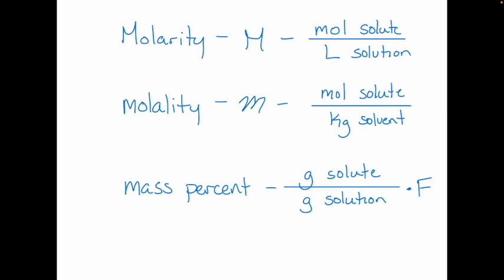But let's just note that both molarity and mass percent are quantifying how much solute there is per solution. And then molality is kind of an oddball. It's not talking in terms of kilogram solution, but kilogram solvent. Okay, so just something important to keep in mind.